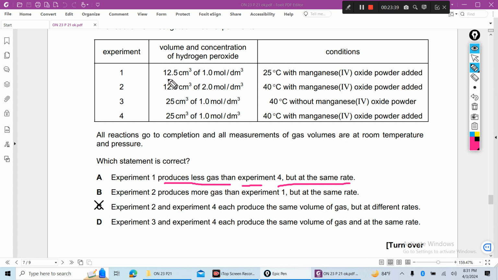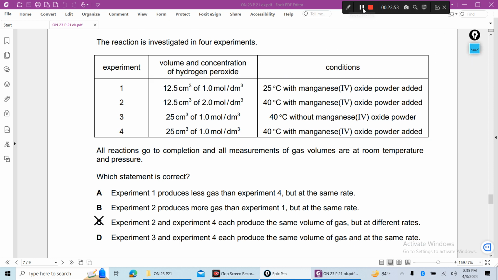No. So why is A wrong? Experiment 1 produces less gas than experiment 4, but at the same rate. No, here it is 25 degrees centigrade, here 40 degrees centigrade, so the rate will be different.